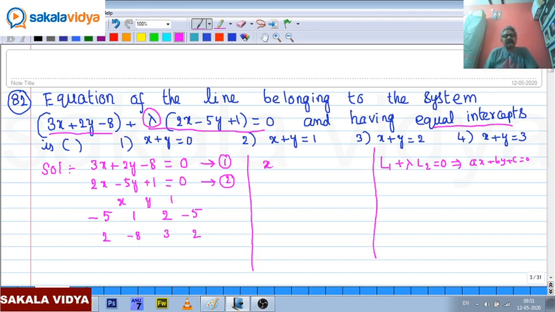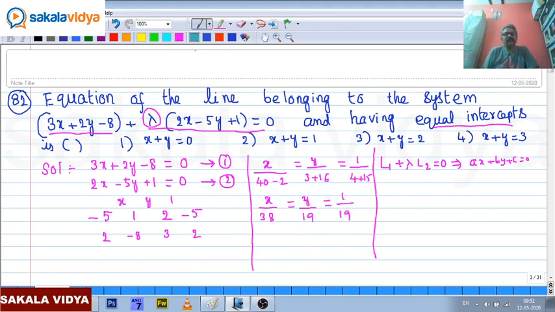So x divided by, you have 40 minus 2, y divided by determinant of 1, 2, minus 8, 3. 3 plus 16, 1 upon 4 plus 15. This is x by 38. This will be y by 19 equals 1 by 19.